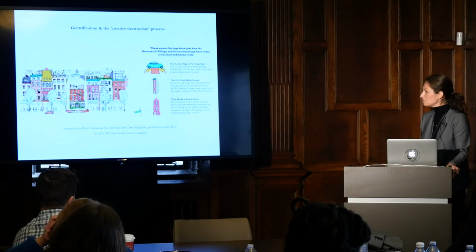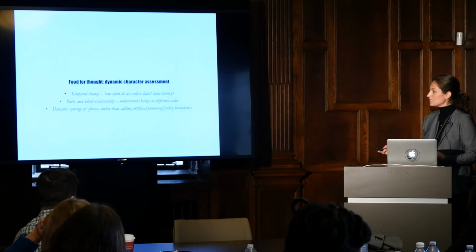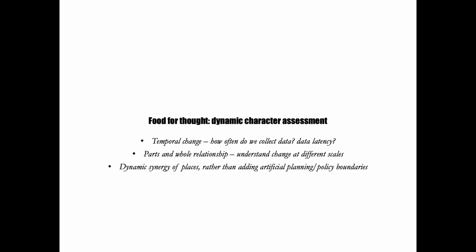So how do we treat these places in order to understand them dynamically as they evolve throughout the city? And that's my main point, that we need to be thinking about temporal change. How often do we collect data? What do we do with data latency? When do things stop being relevant?